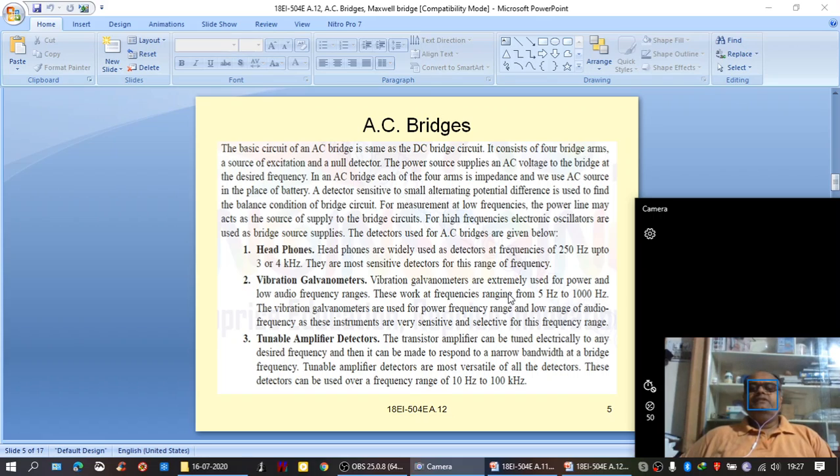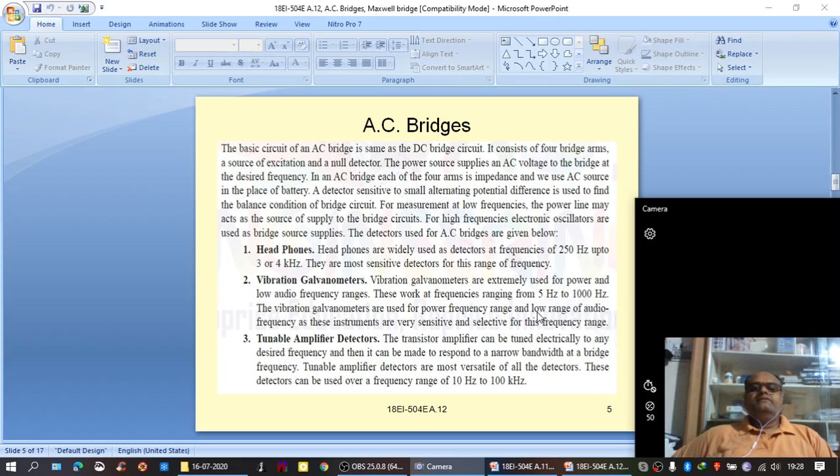We use an AC source in the place of a battery. For DC applications, that means in DC bridges, a battery can be used as the source of EMF, whereas in case of AC bridges, an AC source derived from the supply mains is used as excitation.